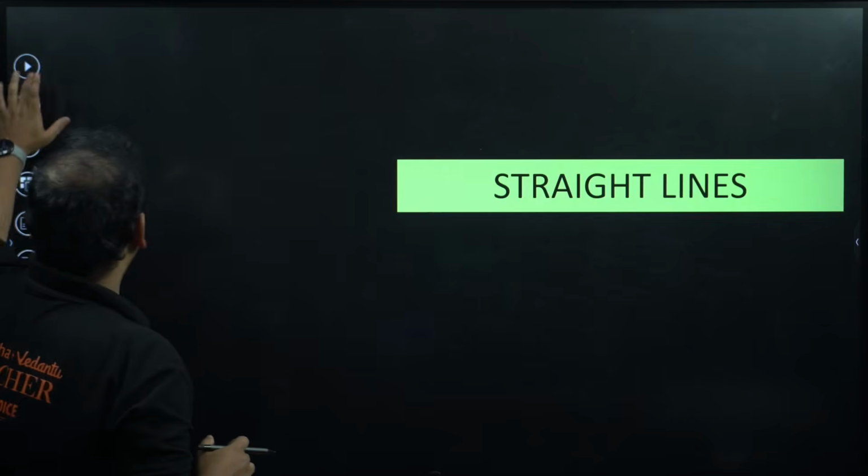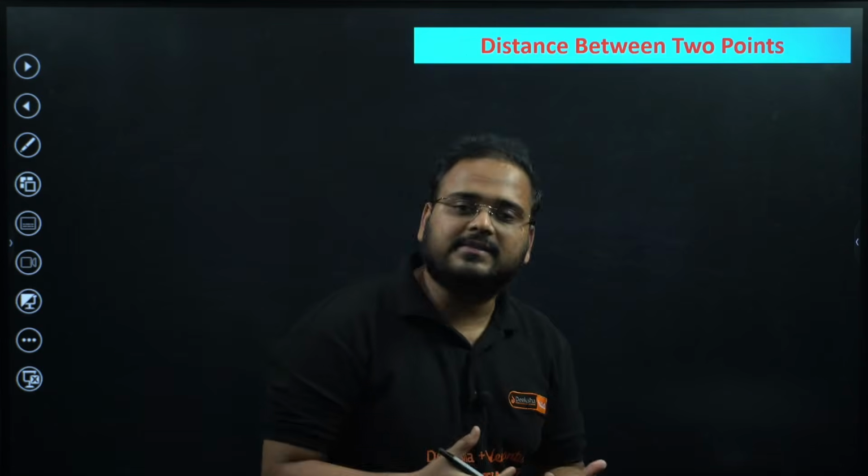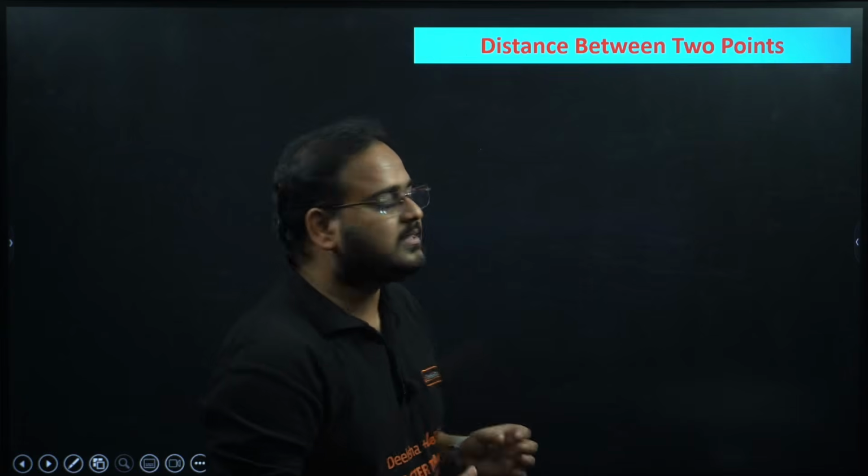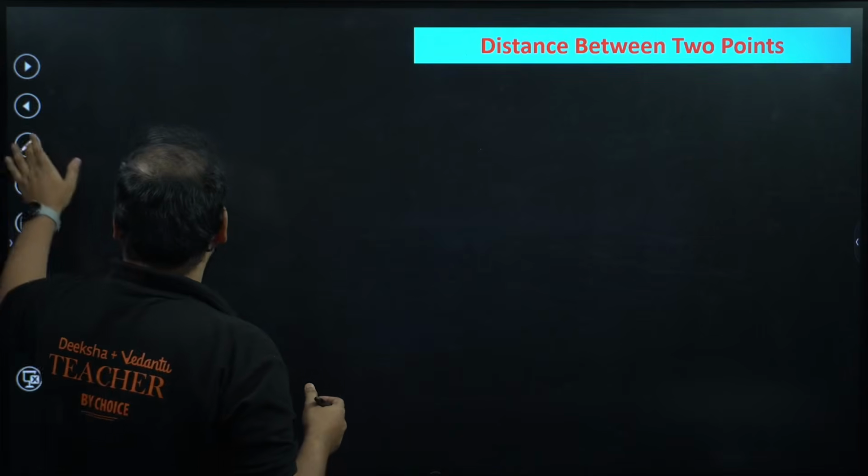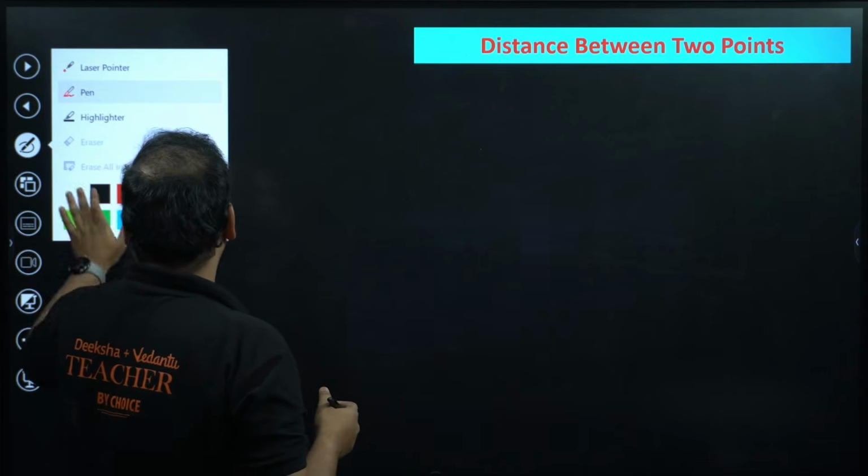Okay. So what do we have? The first thing, of course, is the distance between 2 points. When we talk about straight line, we'll start from the concept of 2D space only.